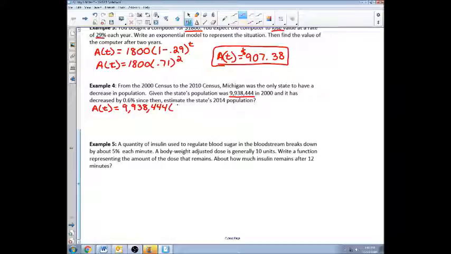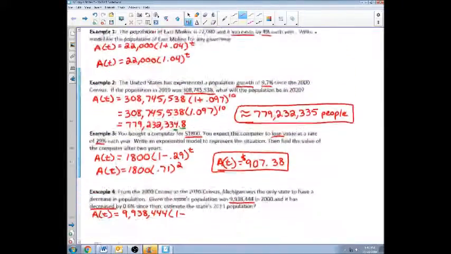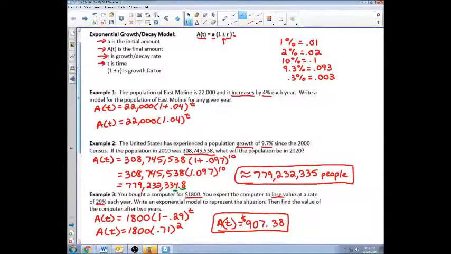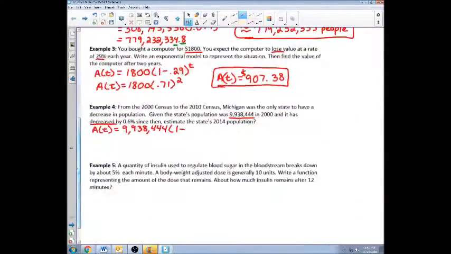I'm going to multiply that by 1, plus or minus. We have to figure out whether it's plus or minus. Well, decreased would tell me that it's going to be subtraction. How can I write 0.6% as a decimal? Well, remember up here we talked about 0.3% is 0.003. So 0.6% would be 0.006.